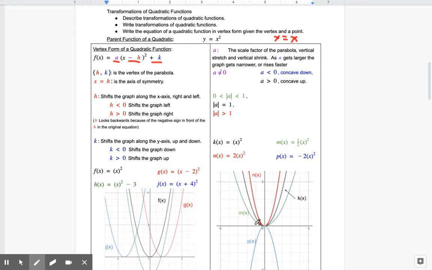So if we look down here, our parent function is f of x. This is the black function right here. We have our vertex, which is located at (0, 0), and we have a line of symmetry that goes right through the vertex, and it splits the parabola into two even parts.